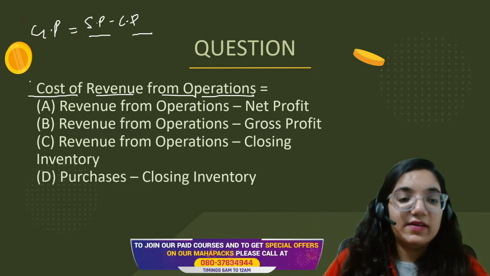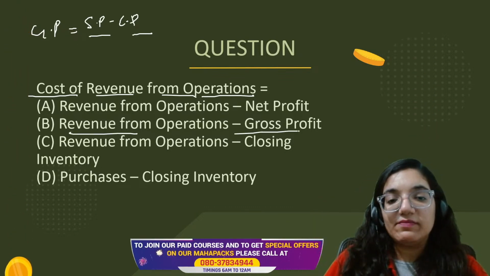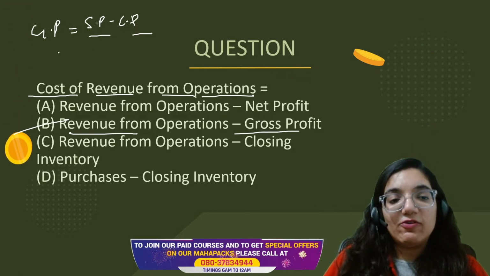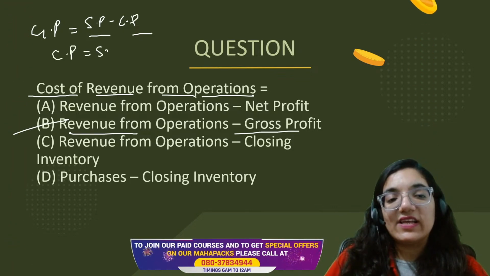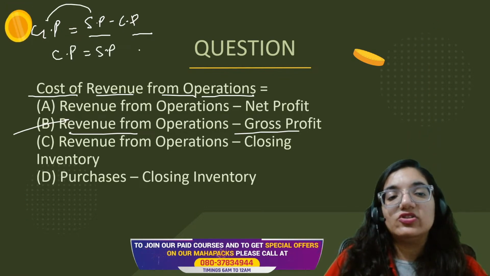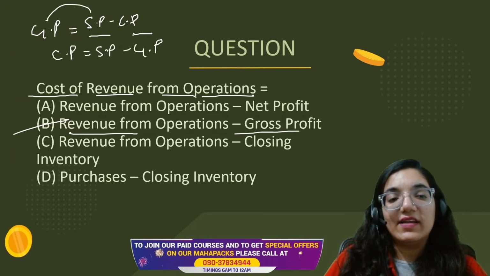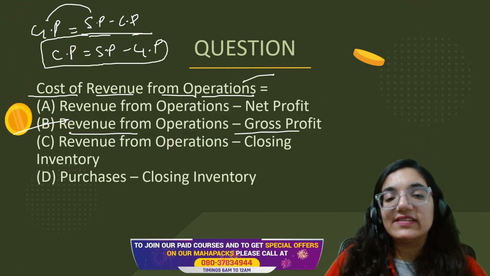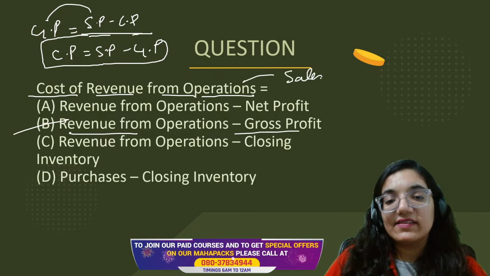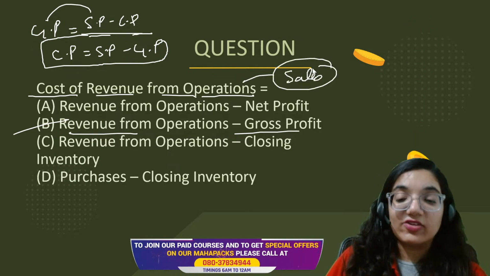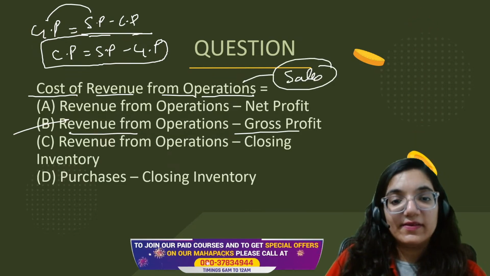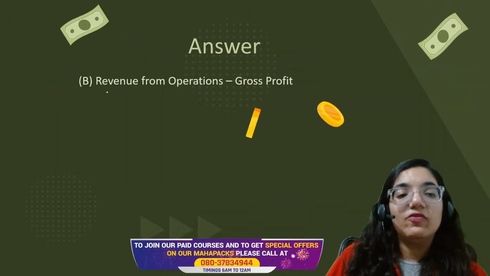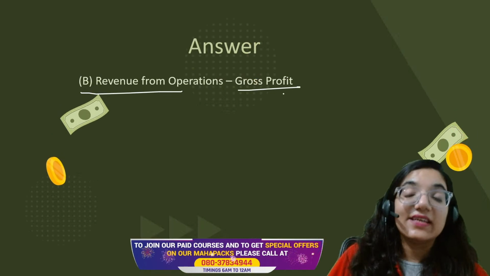That would be revenue from operations minus GP. If you want to find the cost price, it is SP minus GP. So here revenue from operations is specified as sales. This is the net sales of the organization everyone. Okay? So in this case the correct answer would be revenue from operations minus GP.